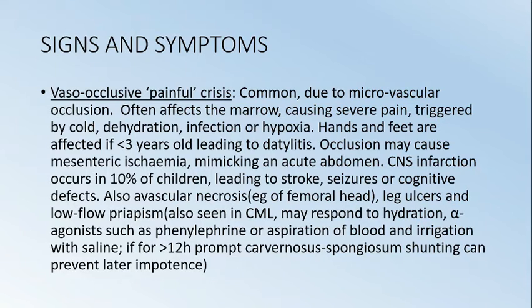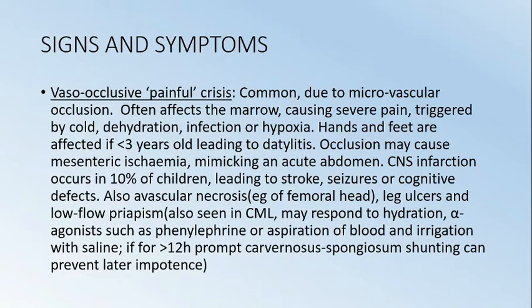As we said, occlusion may cause mesenteric ischemia, and this mimics an acute abdomen. There is also a CNS infarction which occurs in 10% of children, leading to stroke, seizures, or even cognitive deficit. Also avascular necrosis, for example of the femoral head, leg ulcers, and also low flow priapism.